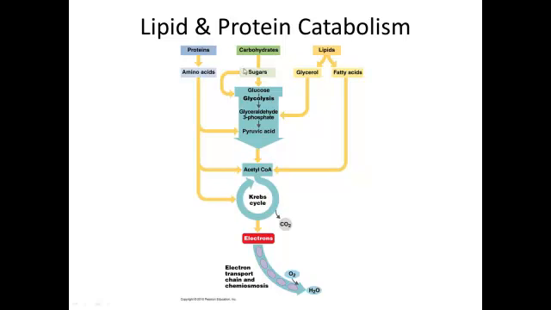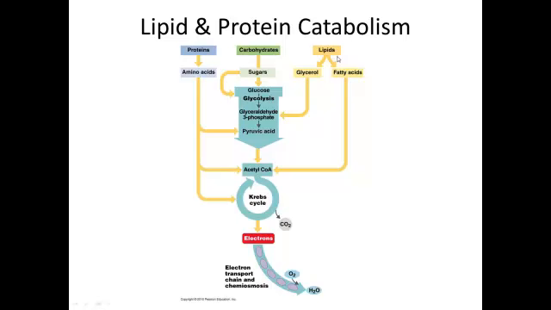Complex carbohydrates are broken down into sugars. Most of them go into glycolysis. From glycolysis, they go through acetyl-CoA formation, through the Krebs cycle, and on through the electron transport chain, or into fermentation. Proteins, on the other hand, are broken down into amino acids, and they can enter this process at various points. Some of them get converted into pyruvic acid and then go on through. Some get converted to acetyl-CoA, and some enter into the Krebs cycle.